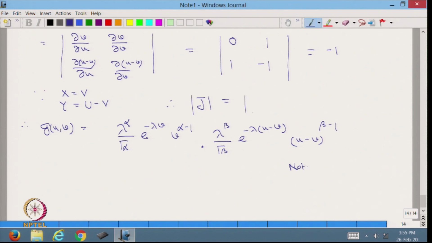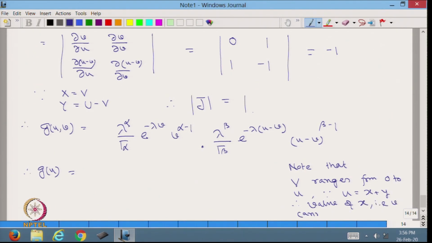Note that v ranges from 0 to u. Since u is equal to x plus y, therefore value of x, that is v, cannot be more than u.